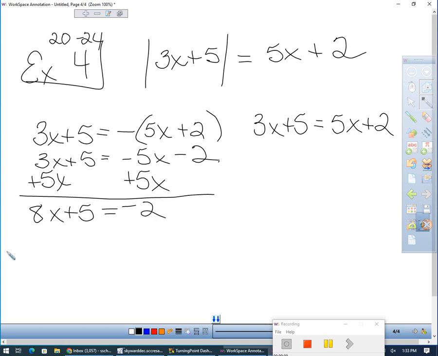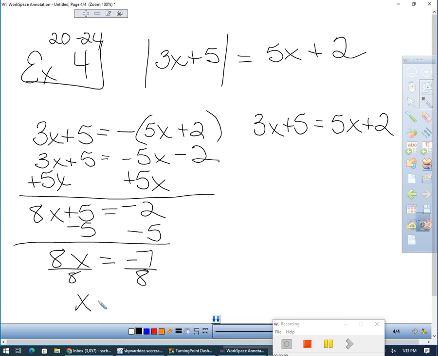Now what? Subtract 5. 8x equals negative 7. Divide both sides by 8, and x equals negative 7 over 8. All right, let's go over here. We're going to subtract 5x to the other side.